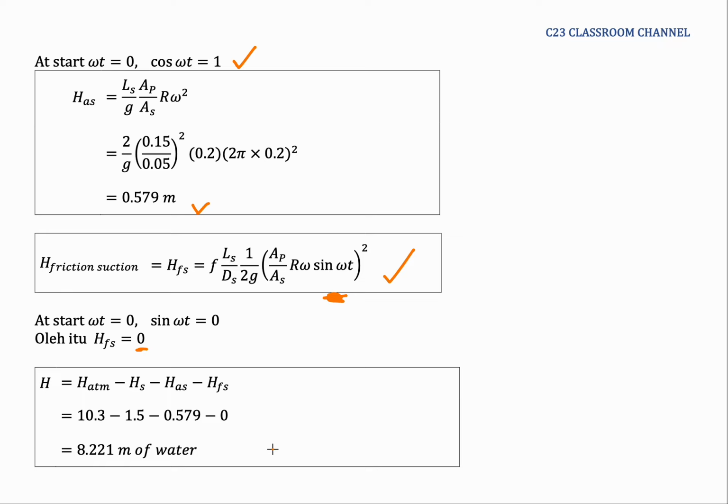So we find that at the beginning, the pressure head in the cylinder is equal to 8.221 meters of water. Please bear in mind that this is an absolute pressure, so it is actually below atmospheric pressure.